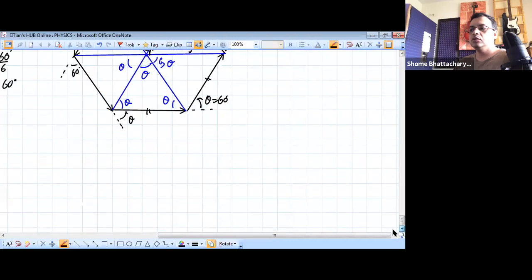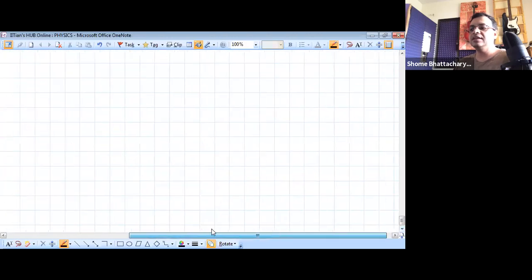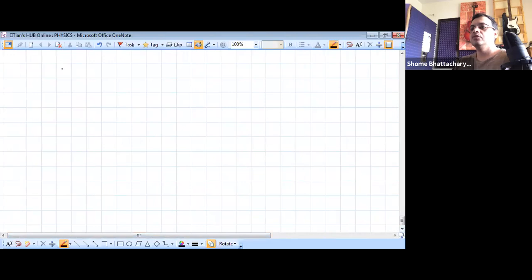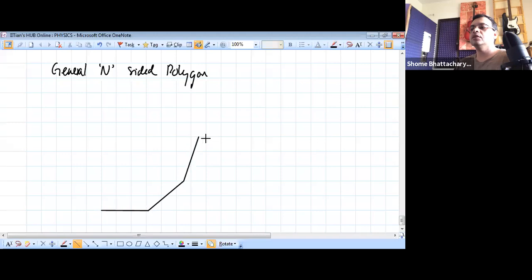So that is something we can generalize now about an n-sided polygon, whatever the number of sides are. So let's now summarize this and generalize this result for a general n-sided polygon, whatever the number of sides, 3, 4, 5, 6, 7, 8, 10, etc. Now because I don't know the total number of sides, I will not be drawing the entire polygon, but just assuming that it's continuing like this, some kind of shape.